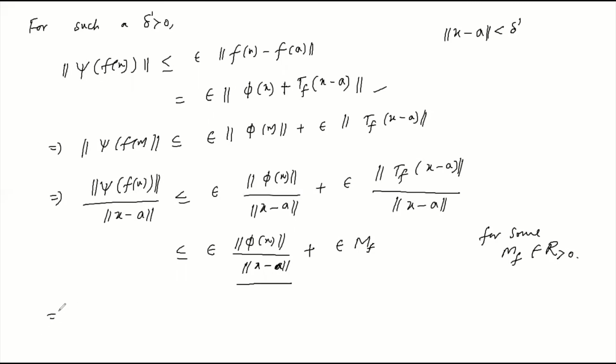So this implies the limit as x tends to a of norm of psi of f of x over norm of x minus a is equal to 0. So this is equation 6, and this is the proof of equation 6. Now this completes the proof of the chain rule. So we stop here.